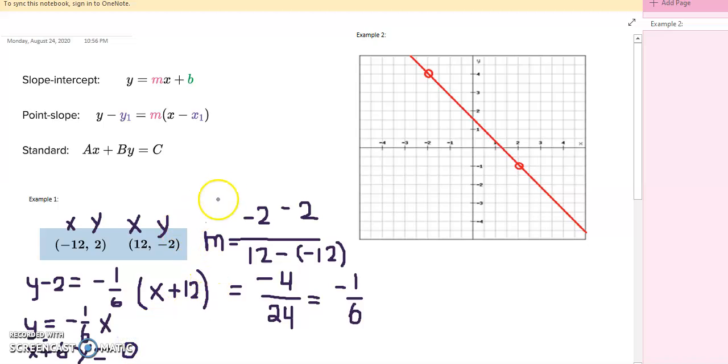Okay, so those are the three forms there.